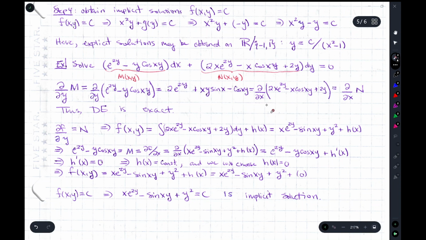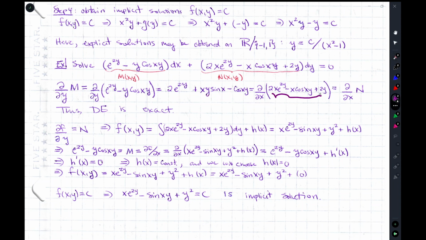And so we then end up with this expression. This is the expression that we get when we take the derivative with respect to y. Now, this here is actually N. It's a little bit confusing. This is N. And so we're actually working in reverse here when we look at that side.